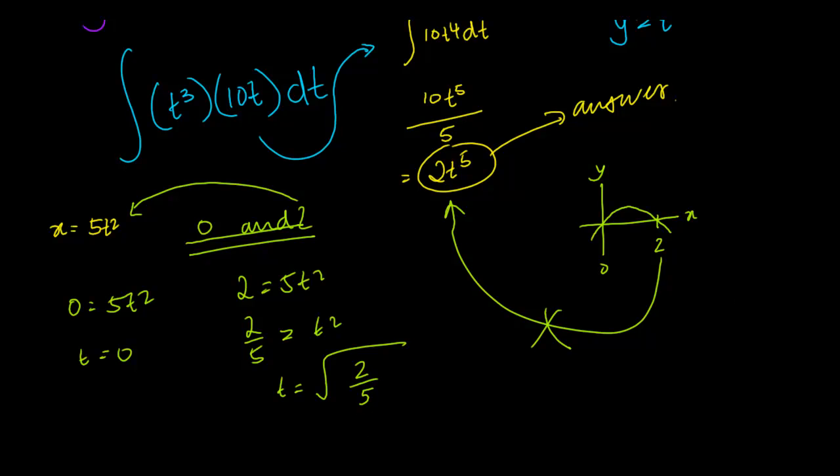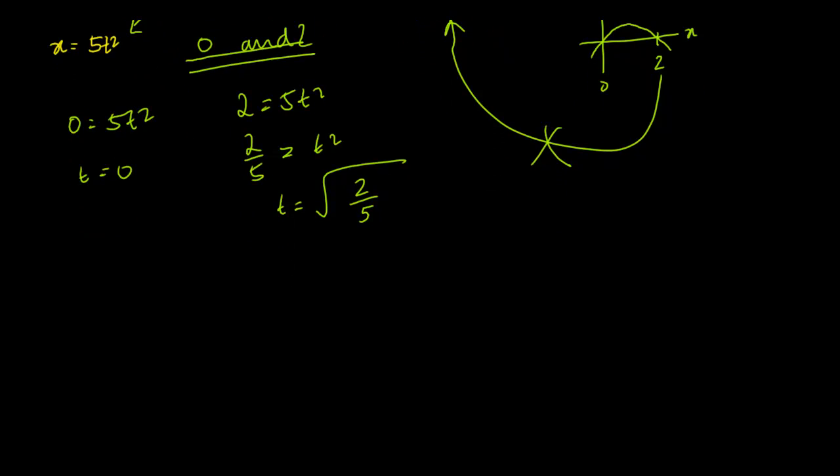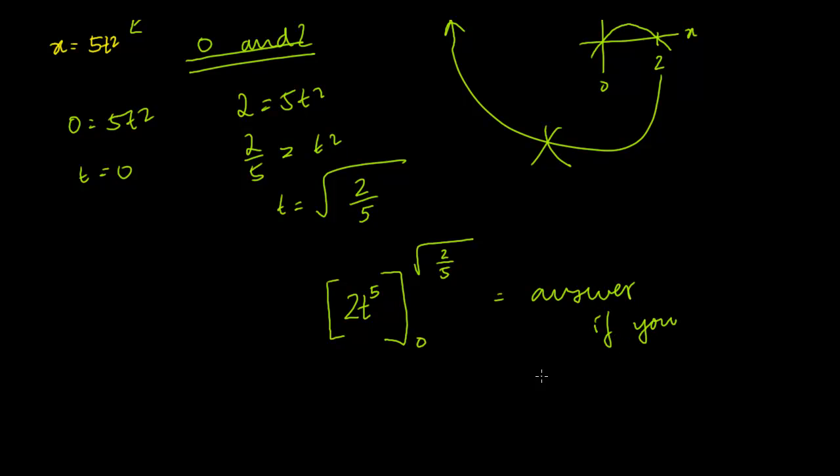So we would essentially have something like this: 2t to the power of 5, from 0 to the square root of 2 over 5. And that would be your answer if you were to calculate it, which I'm not going to do because I'm lazy.